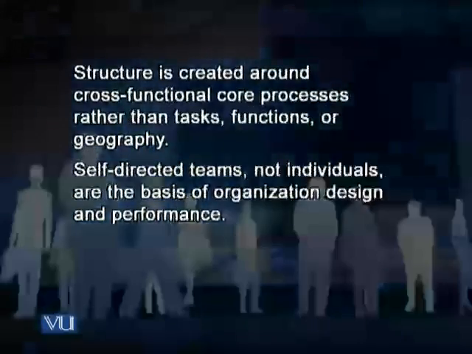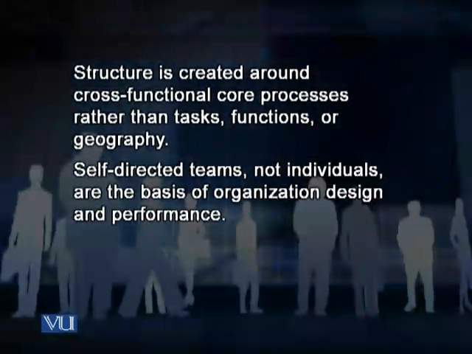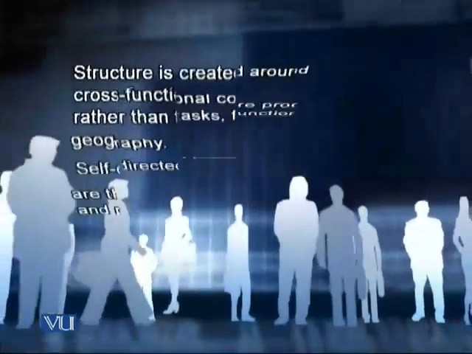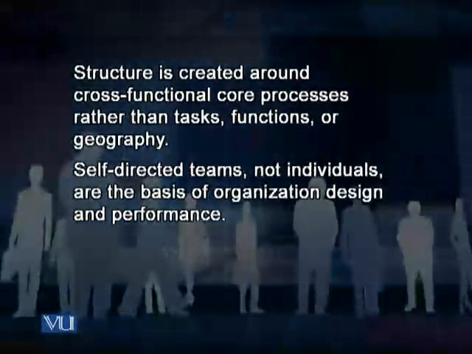Like in the example which we gave, there were people in that core process team from R&D, from production, from marketing, from sales. Now these teams are self-directed teams. They are the basis of organizational design and performance in horizontal organizations. In vertical organizations or in other forms of structures, we saw that individuals sitting on the top, middle management or corporate management or top management or SBU management, they were the ones around which organizational design was carried out.